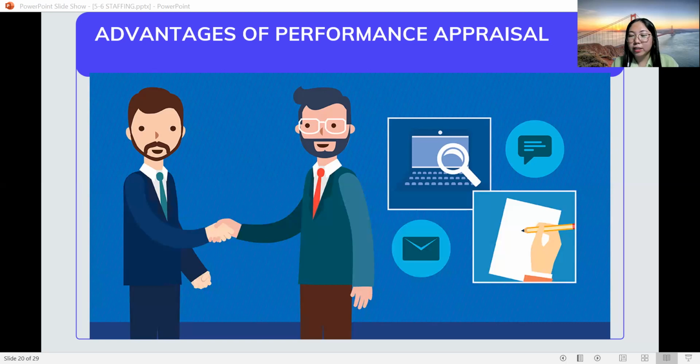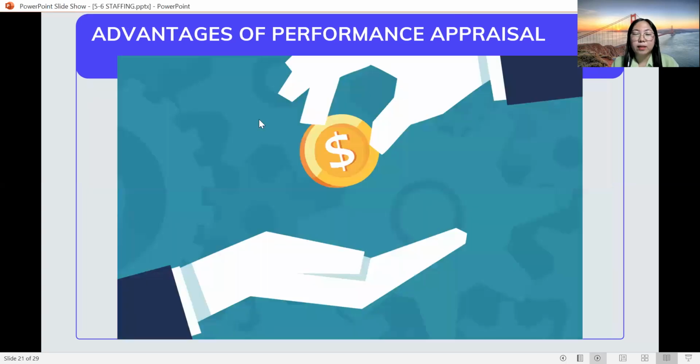So next one is this one. So this is the second advantage, which is the compensation. So it helps tracking out the compensation packages of our employees. We also use the merit rating that is possible through this performance appraisal, and we will be setting up criteria para makuha nila yon, and it should be merited rather than dun sa ating tinatawag na seniority.